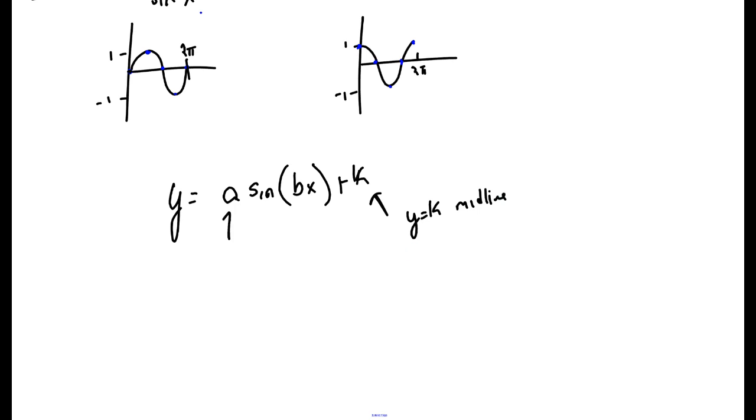From there, we go up and down the amplitude. So I go up a units and down a units. It's the vertical distance from this midline up to the maximum or minimum. So here I know I have a midline of k. I have to add on a and subtract away a to get my maximum and my minimum.